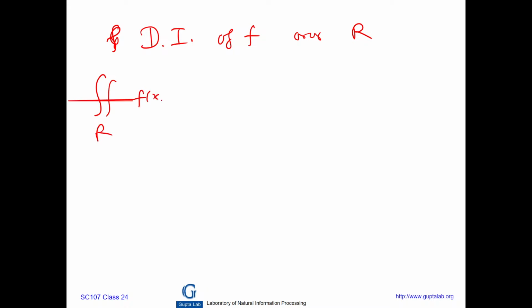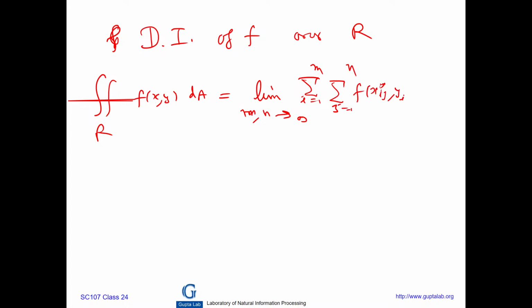So we have the double integral of f over a rectangle R, f of x comma y dA, is the limit m, n tends towards infinity, summation i equals 1 to m, summation j equals 1 to n, f of xij star, yij star times delta A. Delta A is delta x into delta y, remember? Right, that is there.